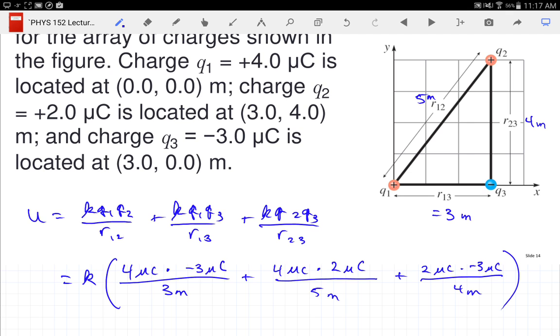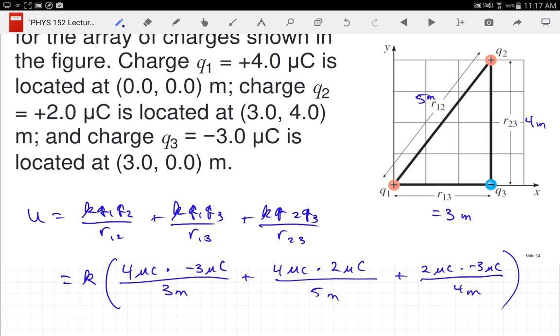And then I just put those together. Obviously, get a common denominator, which in this case would be 60, I believe. And go from there. So we don't need to finish the calculation. I think we could all manage the math.